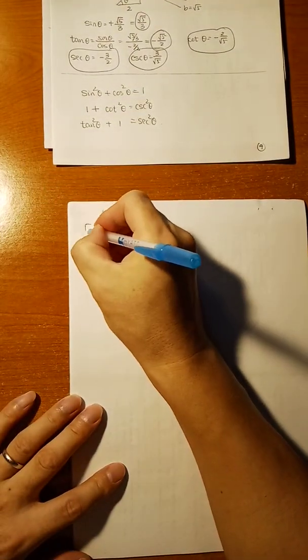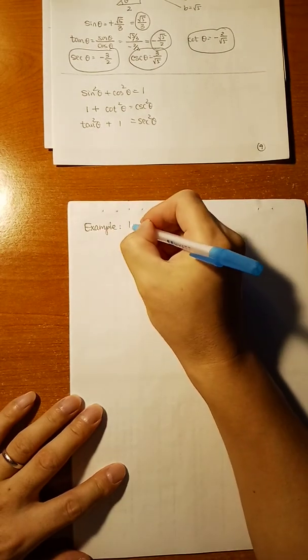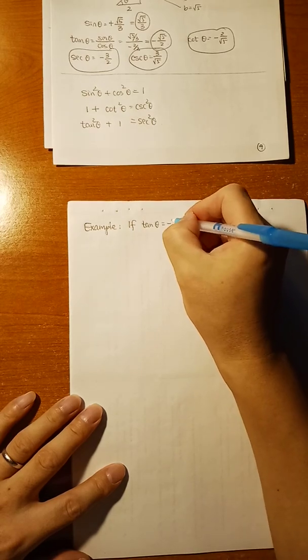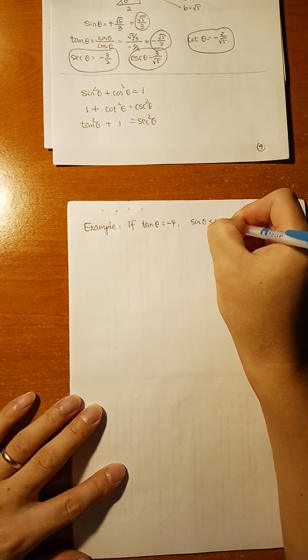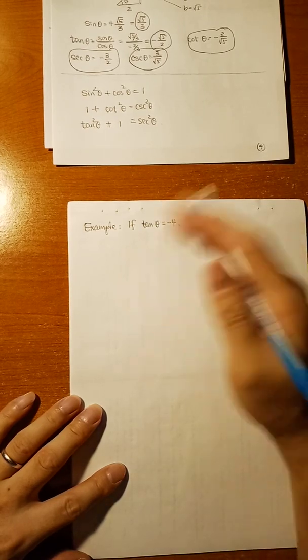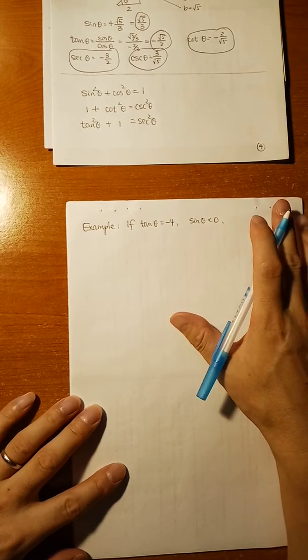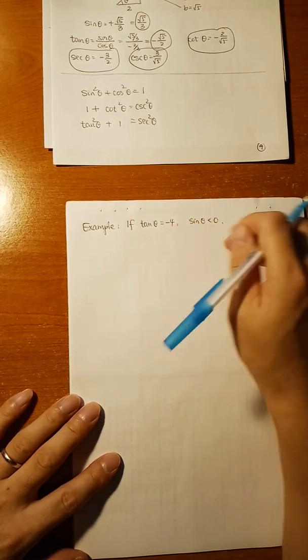For example, if tangent theta is negative 4 and sine theta is less than 0, find the other 5 remaining trigonometric values. See, you only have this one condition.